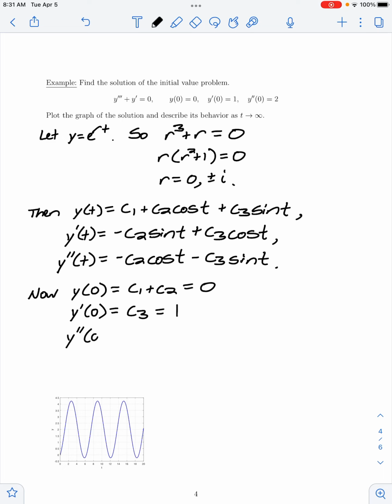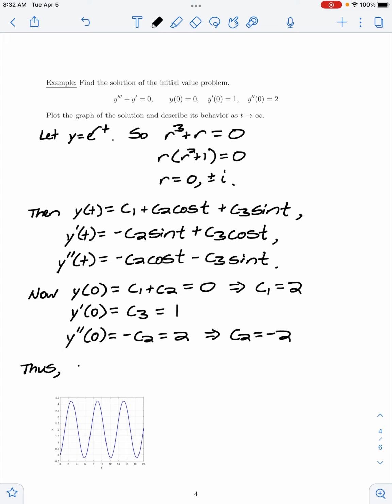And then y double prime of 0 leaves us with negative c2, which we were told must be 2. So it follows from my third equation that c2 is negative 2. And from my first equation, since the sum of c1 and c2 is 0, that means that c1 has to be the negative of c2, so that would give us a positive 2.